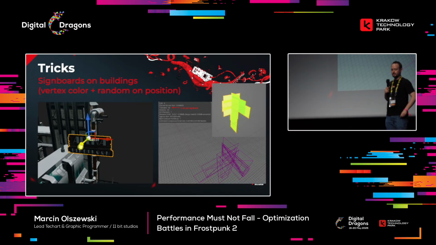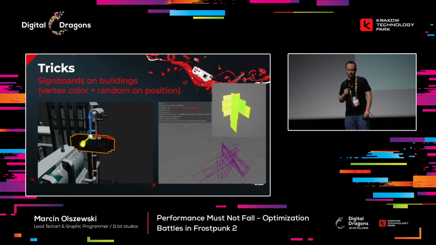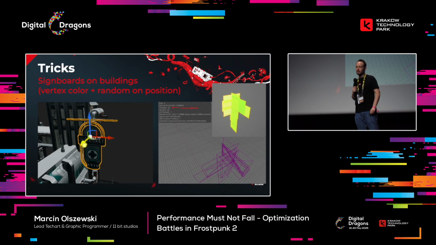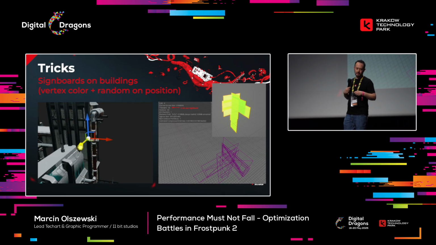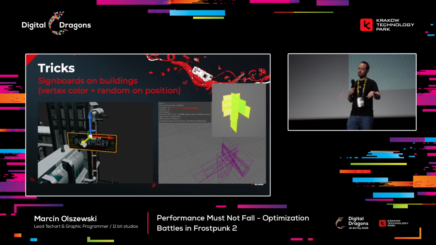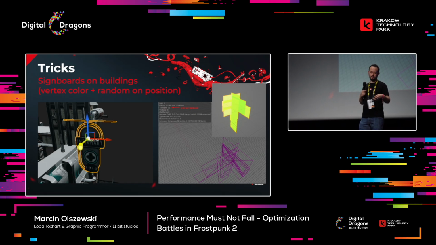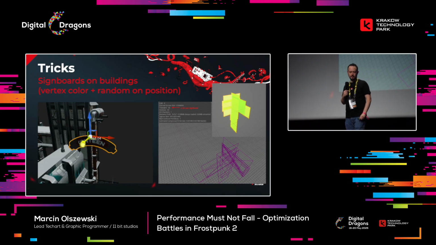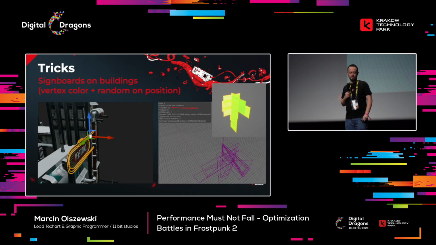And another trick. For example, signboards on our buildings are made from a single mesh. We have a mesh with multiple quads placed inside it, painted with a vertex shader, and when we are moving those meshes, and it's also in Sunset, by the way, it just randomizes the shown text or texture based on the position, which is quite easy to set up.